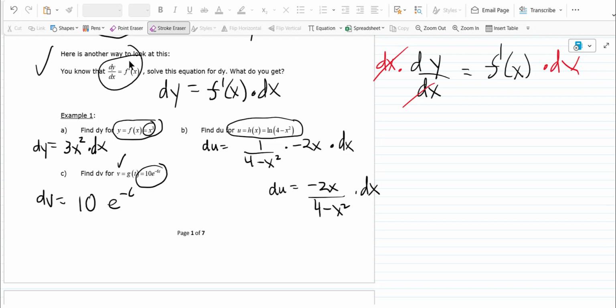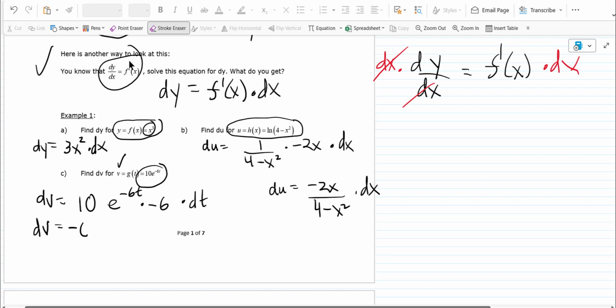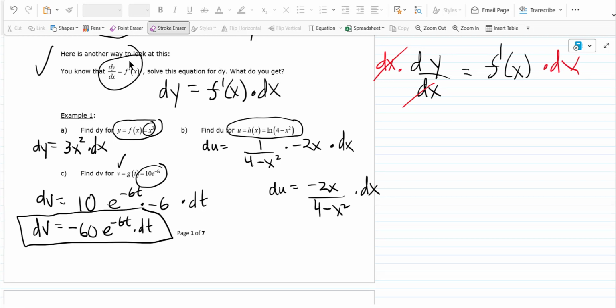Itself, then what? Times the derivative of the exponent. The derivative of negative 6t is negative 6. And then this time, don't put a dx, put a dt. The reason you put dt is so it matches the variable. So what you would get is dv is equal to negative 60 e to the negative 6t times dt. Okay, that's how you get that differential dv.